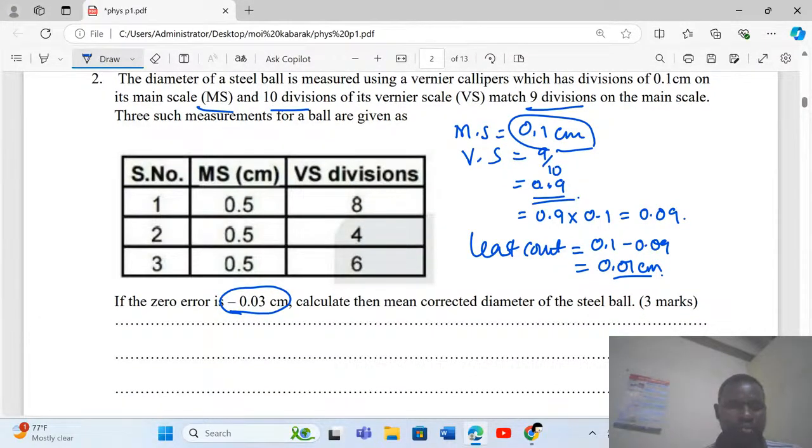May I repeat: if the zero error is negative 0.03 centimeters, calculate the mean corrected diameter of the steel ball.